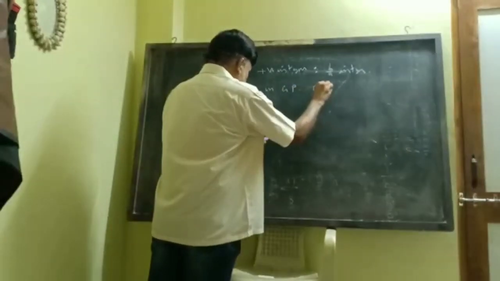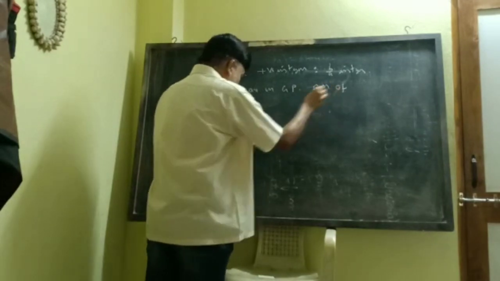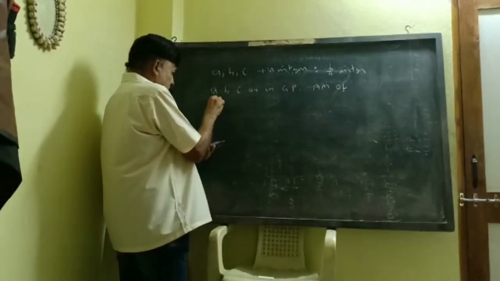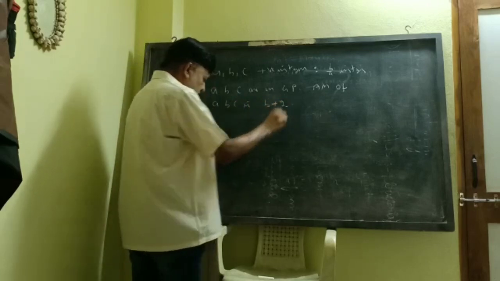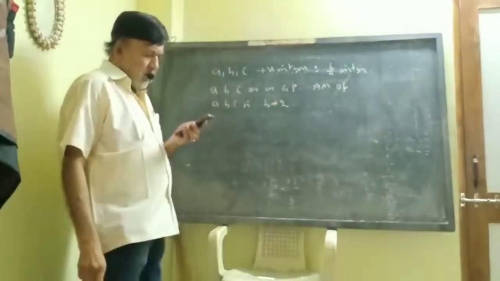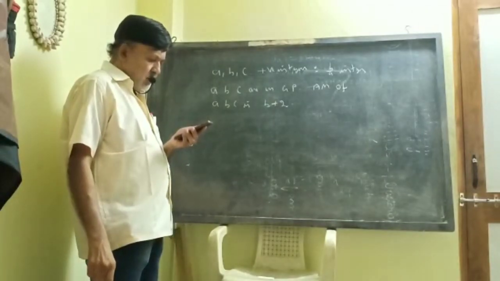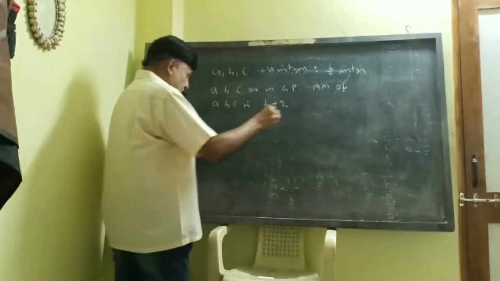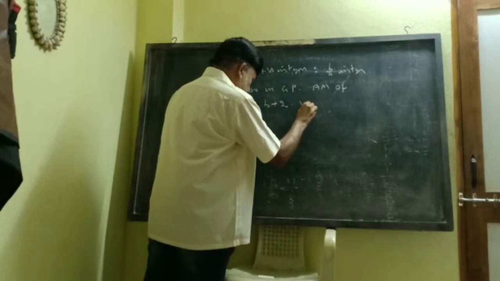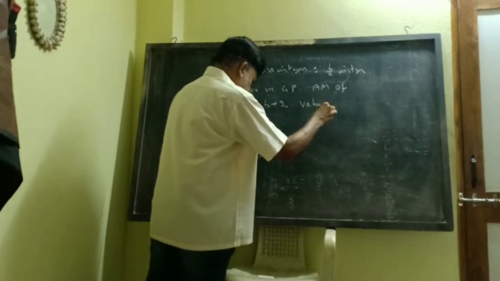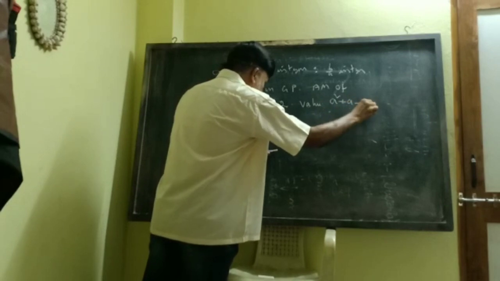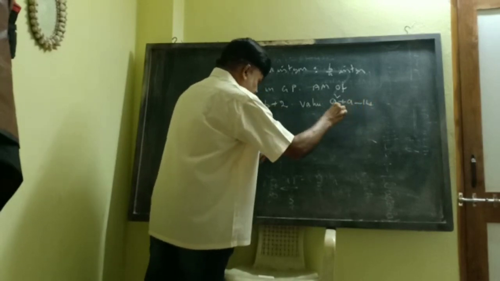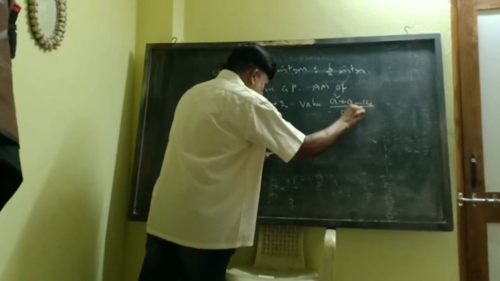The arithmetic mean of a, b, c is b plus 2. Then the value of a square plus a minus 14 by a plus 1.